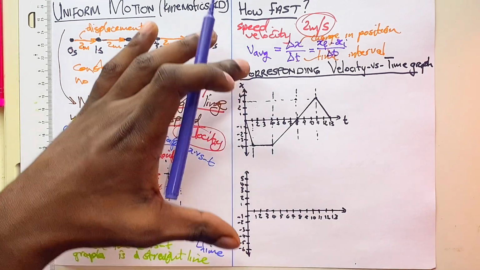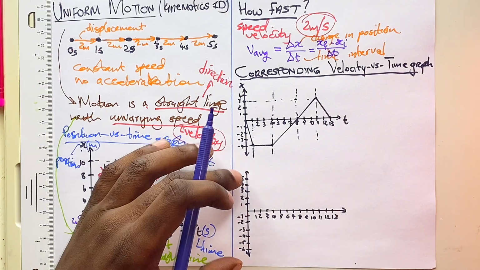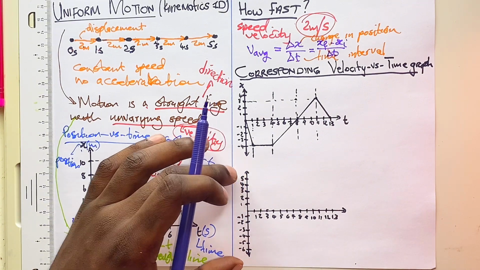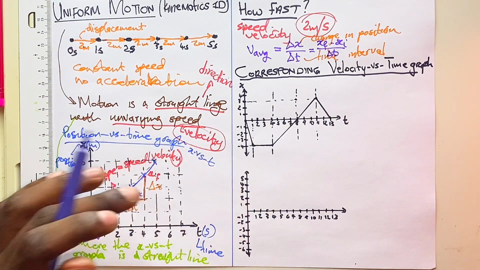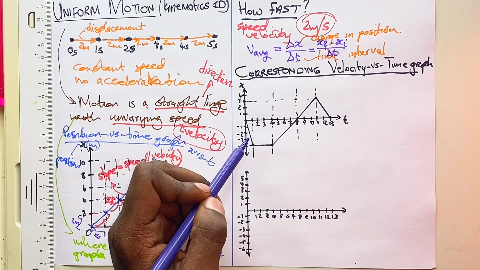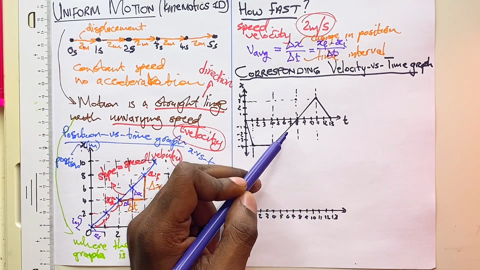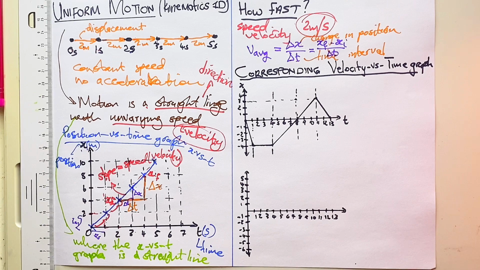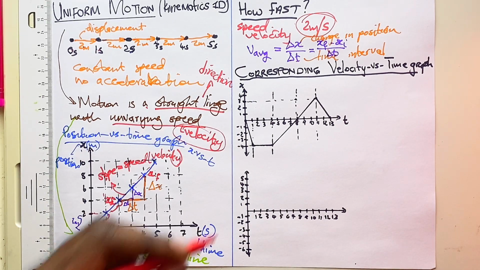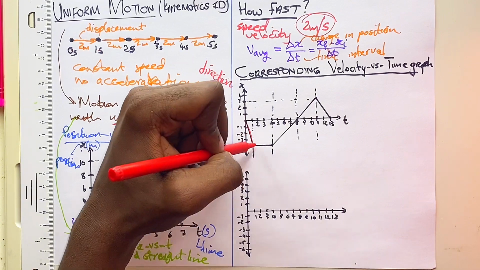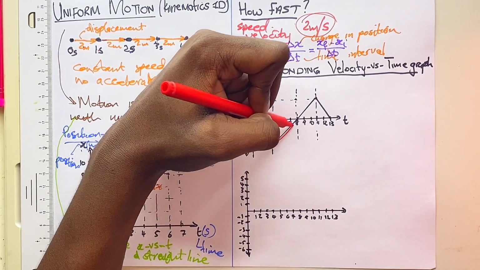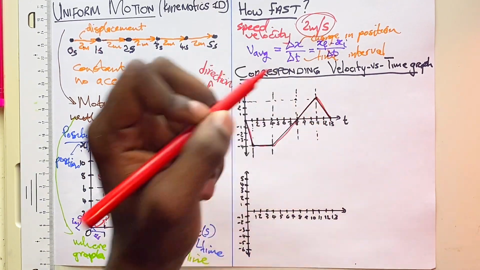Now, can we actually find the function of the velocity over time, the speed over time, from just looking at the graph of position over time? I have a nice graph here that is showing the motion of a particle over time.